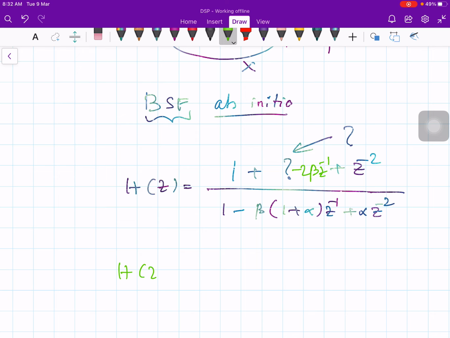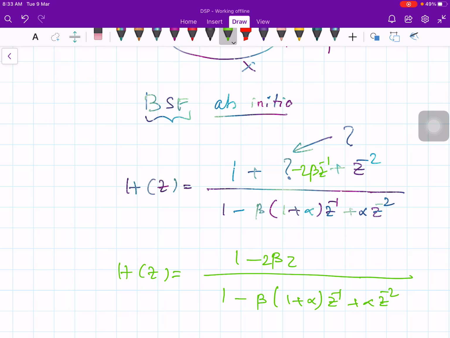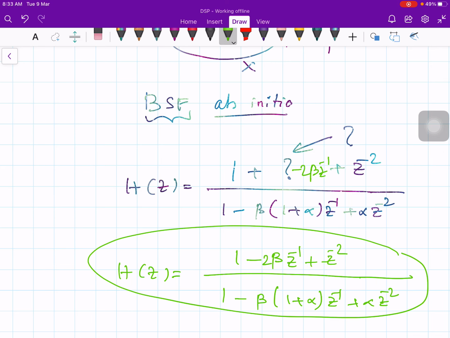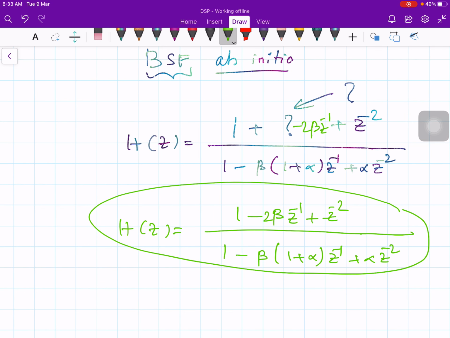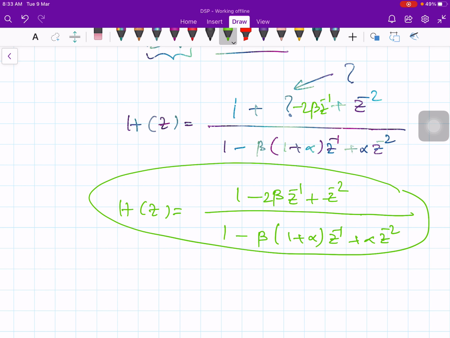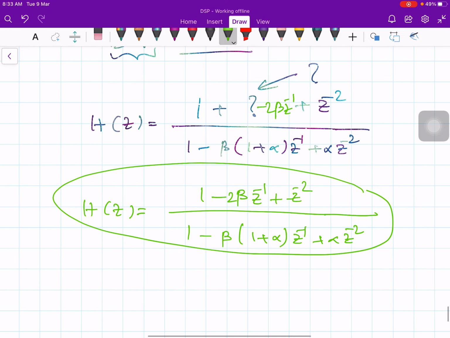Therefore, my H of z is equal to the denominator 1 minus beta times 1 plus alpha z inverse plus alpha z to the minus 2, and in the numerator 1 minus 2 beta z inverse plus z to the minus 2. So this is the transfer function of the band stop filter, and the multiplying constant is now 1 plus alpha by 2.